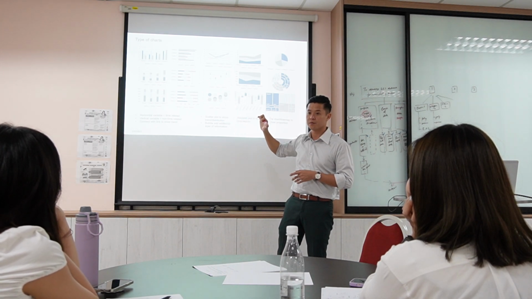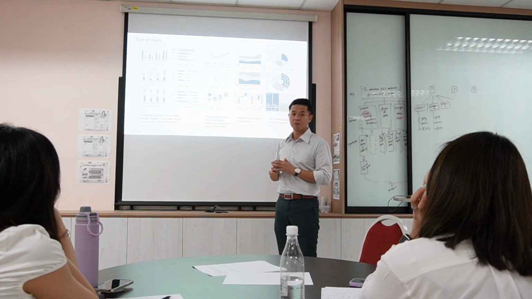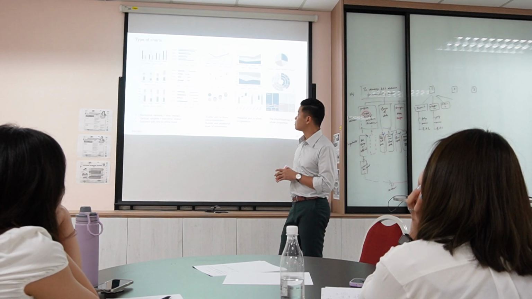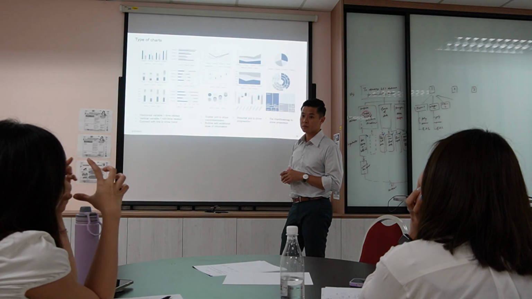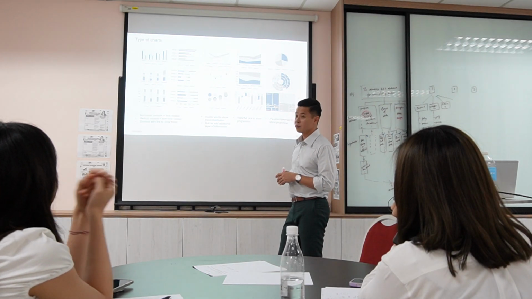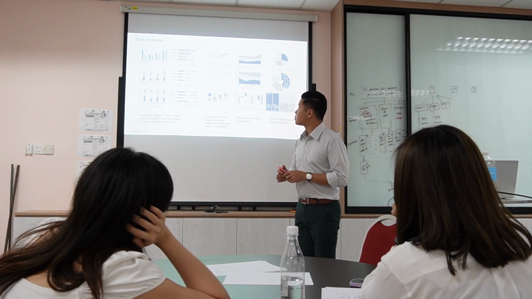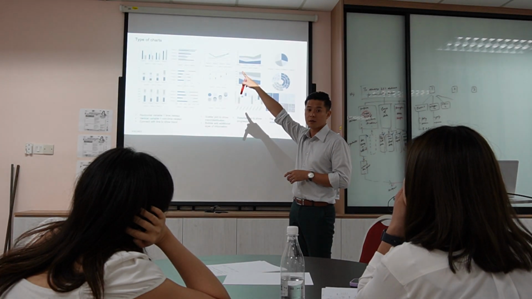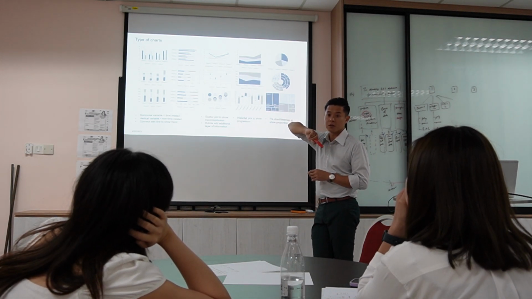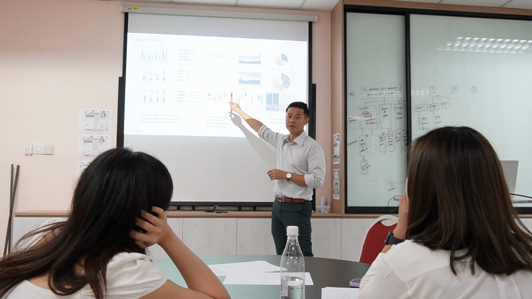If I just randomly show a slide to you, where would you start to read it from? The shapes. The middle section of the chart. Actually, most people will start from the top left corner, unless it's something really eye-catching right at the middle.